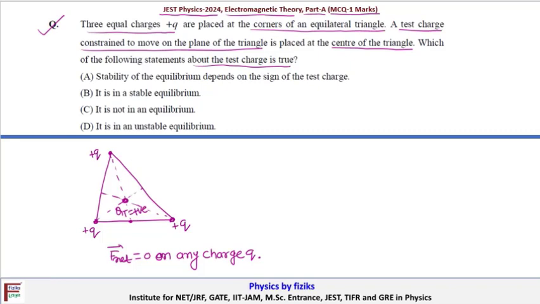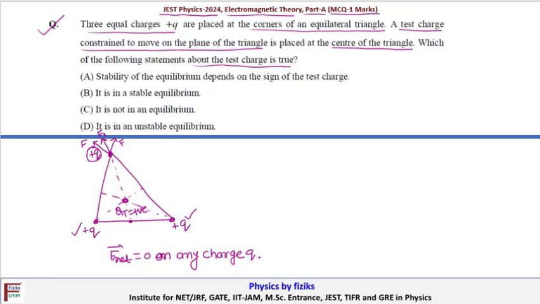So let's check on this particular charge what will be the net force. If we consider these two charges, the direction of force will be given by this direction, and let's assume the magnitude of force will be F, and their resultant force will be along this line. So let's see the resultant of these two forces, I am taking it as F1.